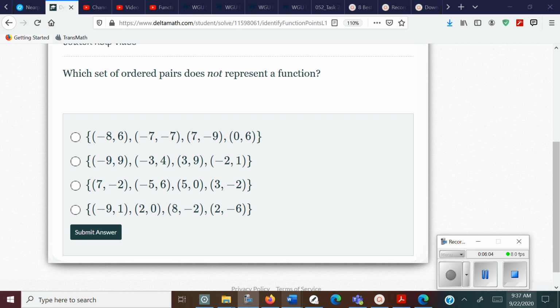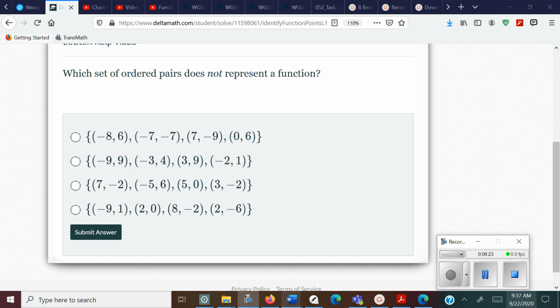You may be asked some questions where it does represent a function. But this one is which one does not. So we're going to look through here and see if we can find the one that has two x's in it. And if it does, then it does not represent a function, and we'll go with that.